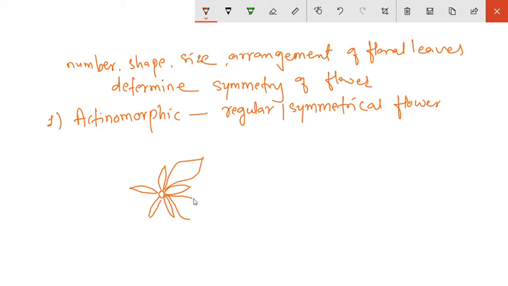The corollas have similar shape and size, the corolla as well as the calyx. So such type of flowers, when we want to cut them into two equal halves.